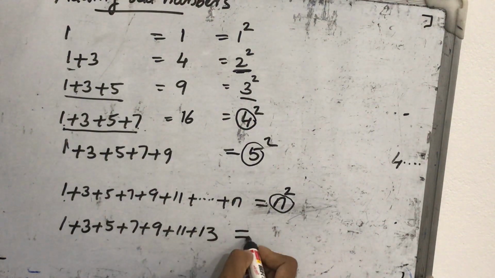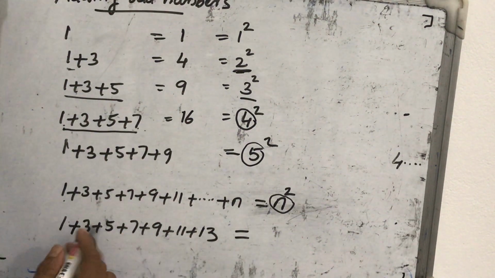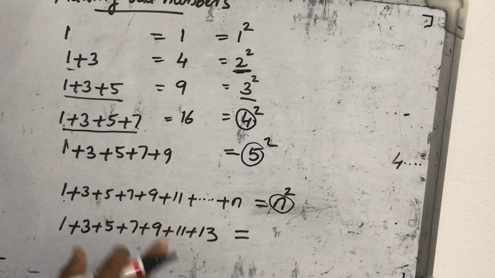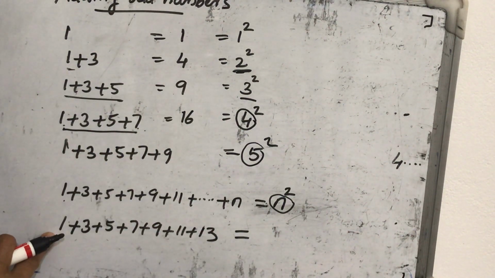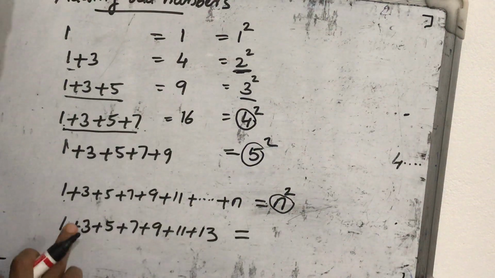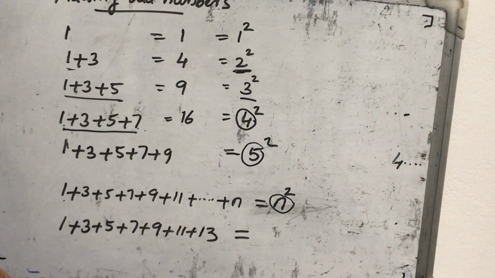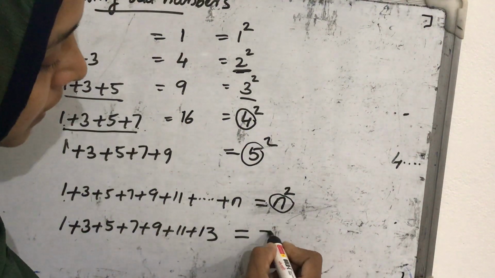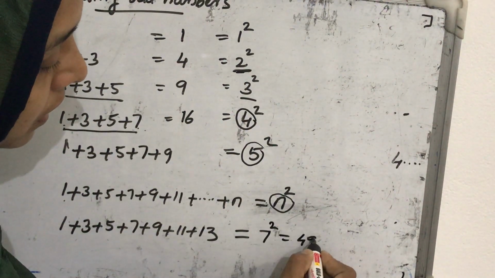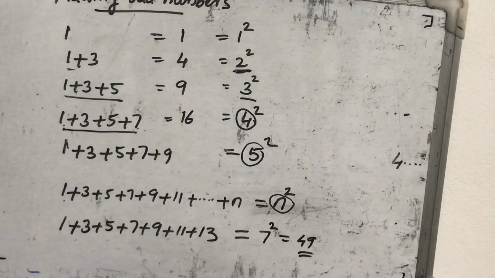Without adding, we can find this answer like this. How many odd numbers did we take? And one more condition: it should start from 1. So here 1, 2, 3, 4, 5, 6, 7 odd numbers, so its answer will be 7 square. That means 49. So this is one property of odd numbers.